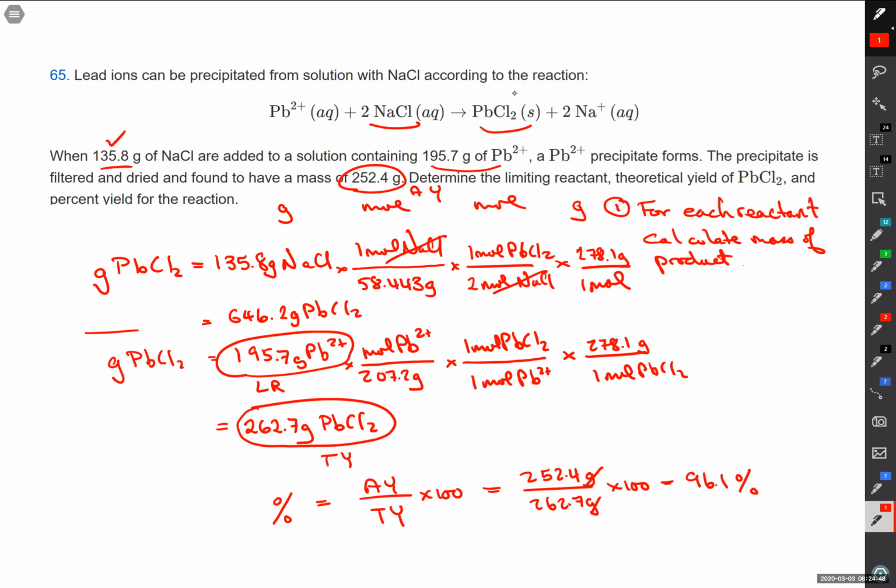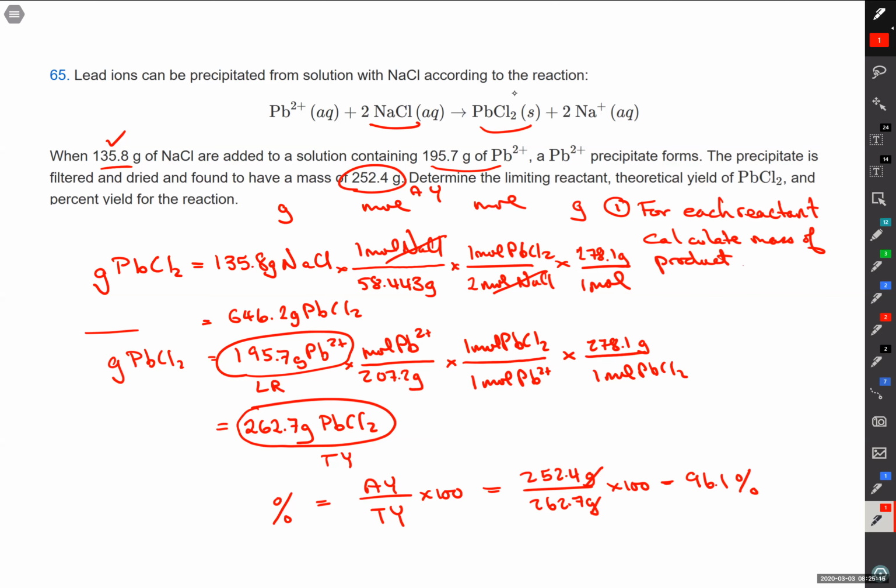So here, this is a conversion to moles of sodium chloride. Here, this is the conversion to the moles of lead. All you're doing in the beginning is converting everything to moles. And a lot of times, because it can get confusing to do one and then another, people just do them both at the same time. They set it up top and bottom like this and say, okay, I have grams, I go to the mole, so they use the molar mass.